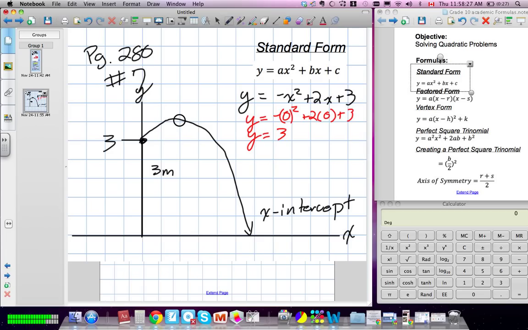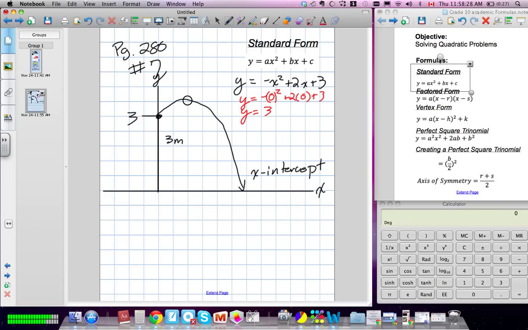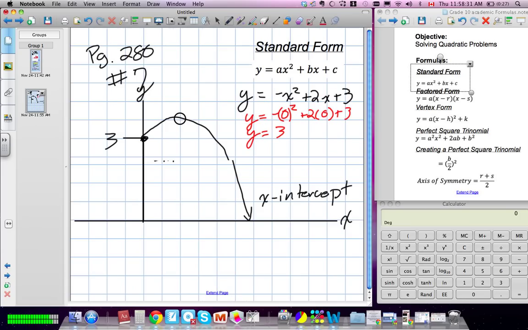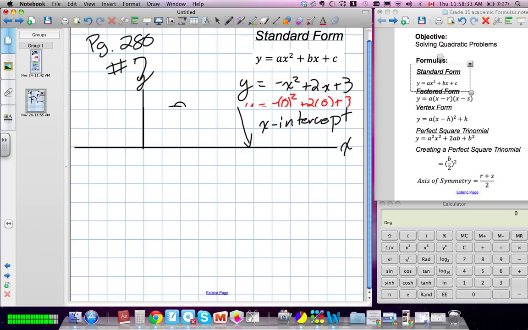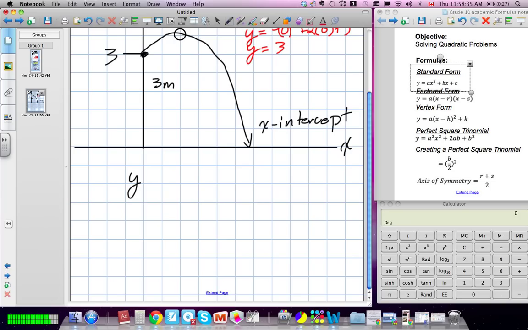So, we're going to take our standard form, y equals -x squared plus 2x plus 3, and we're going to factor it. Now, what's the first thing I do when I factor? Greatest common factor. I want this to be positive x squared, so I'm going to divide each of these terms by -1.